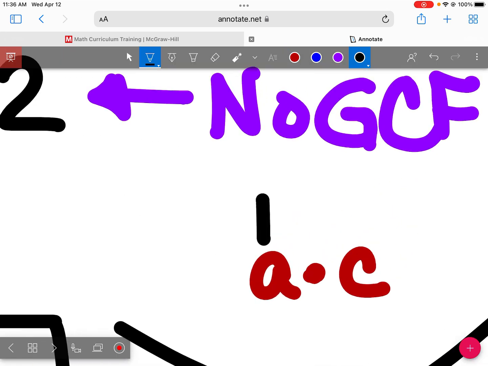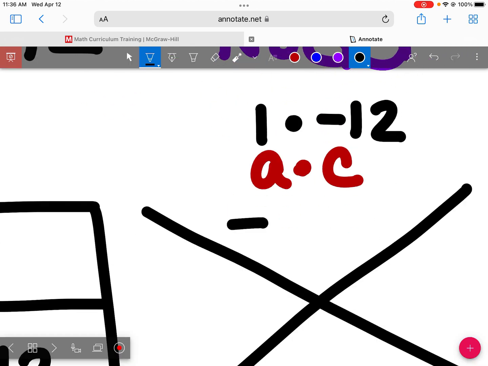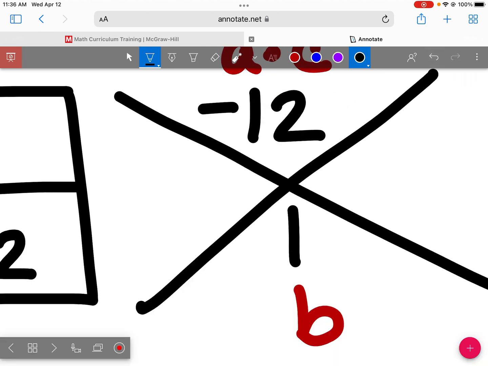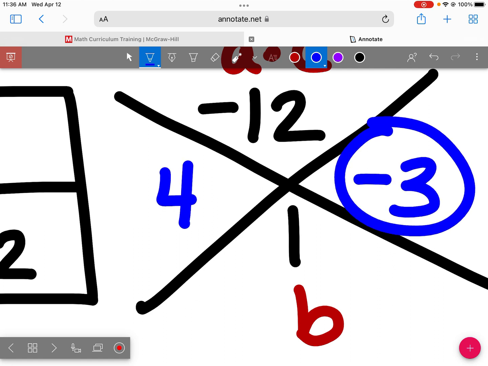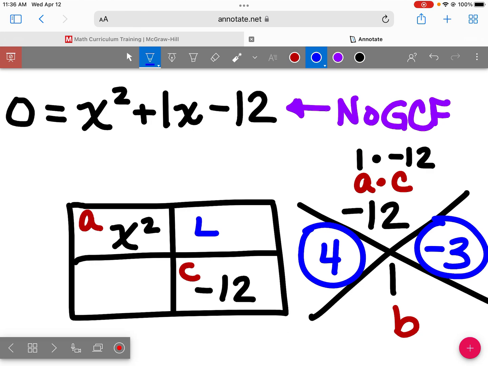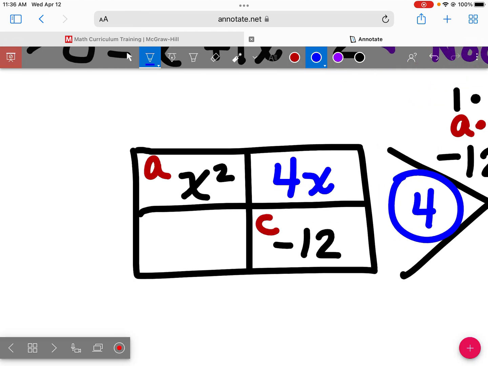So I have 1x squared times negative 12. I need two numbers that when I multiply them together, I get negative 12, but they add up to what? 1. What multiplies to negative 12 but adds to 1? 4 and negative 3. Good work. So 4x and negative 3x.